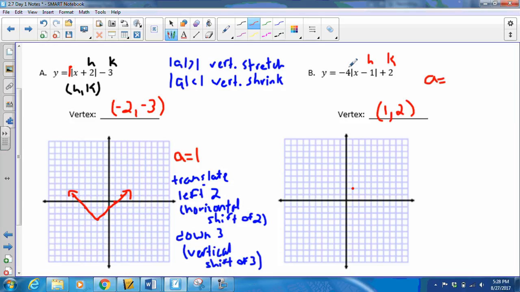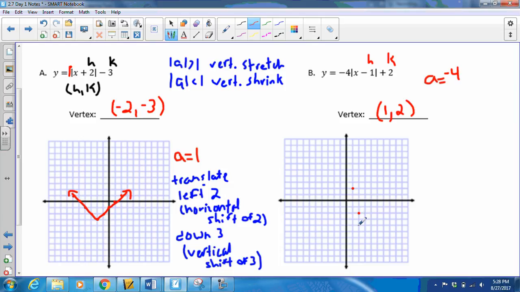So here our a value is going to be -4 because we have that negative. Because we have that negative, that means we are going to go down when we're doing our slope. So we go from our vertex, and now we go down 1, 2, 3, 4, and then we go to the right 1. Because our slope is really -4 over 1.